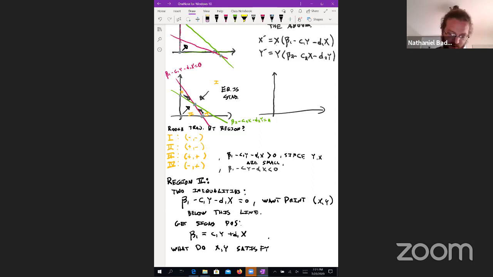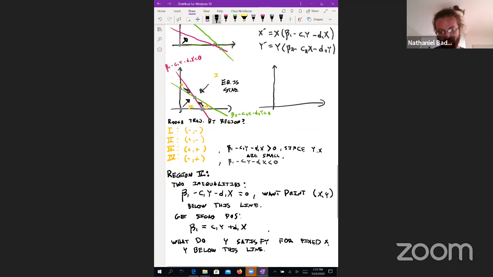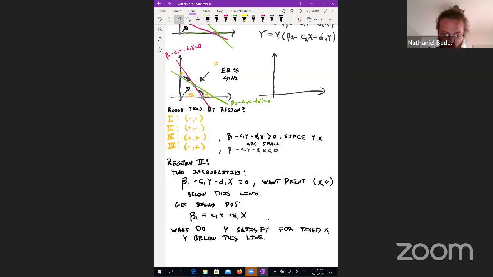Sorry, I should say, let's just fix it. What does y satisfy? Fix x and y below this line. Clearly, we should fix one of the variables. We're going to get minus d1x equals c1y.